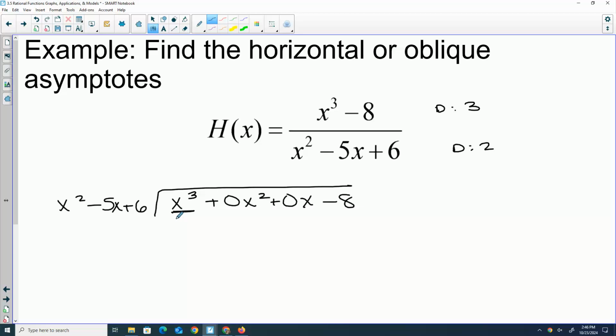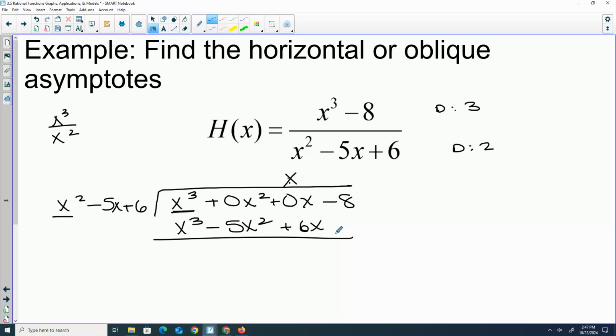What is x cubed divided by x squared? Okay, we take it times x. So x times x squared is x cubed. X times 5x is 5x squared. X times 6 is 6x. Then what do we do? Change our signs.